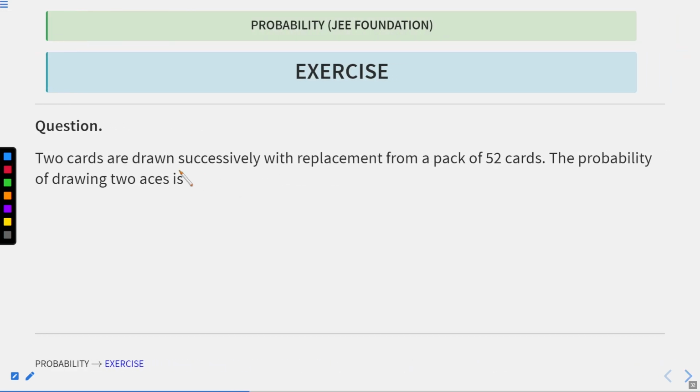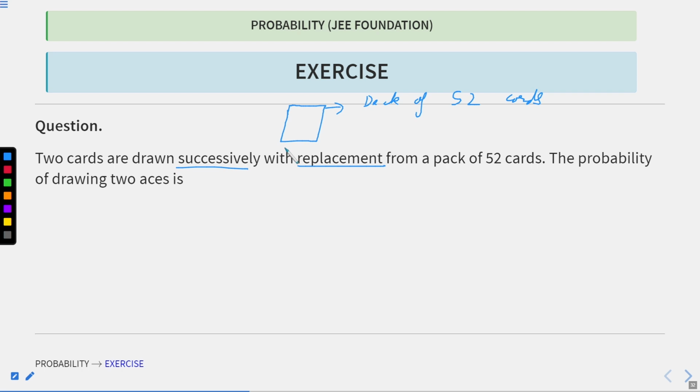Let's move next. Now, a question related to cards. Now 2 cards are drawn successively with replacement. That means if I have a deck, so this is my deck of 52 cards. So I am drawing successively 2 cards with replacement.